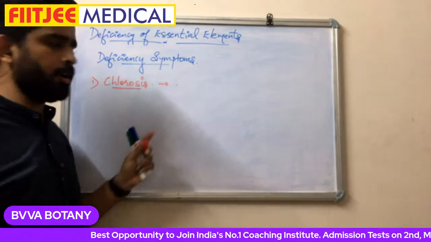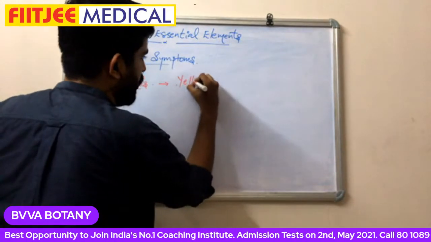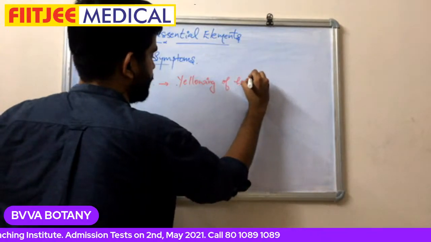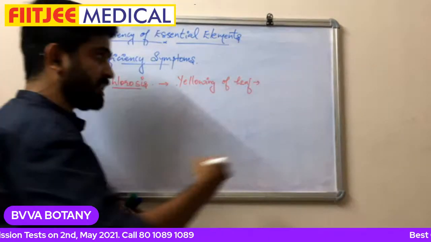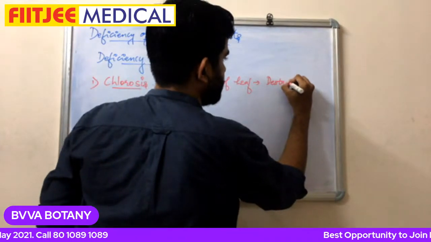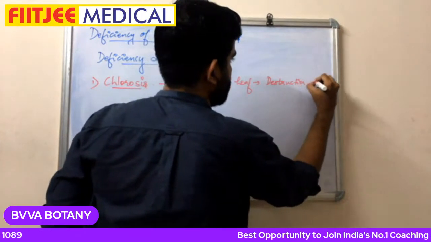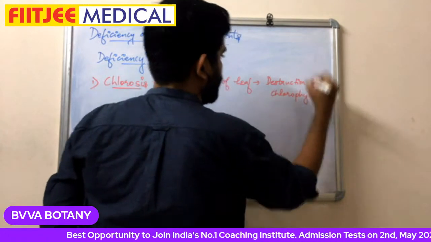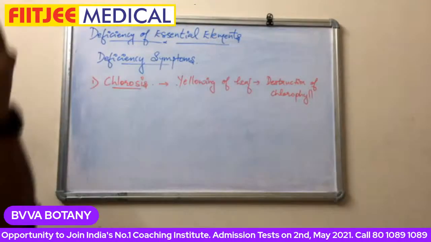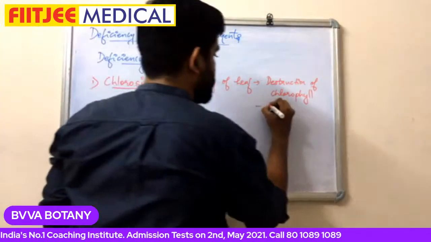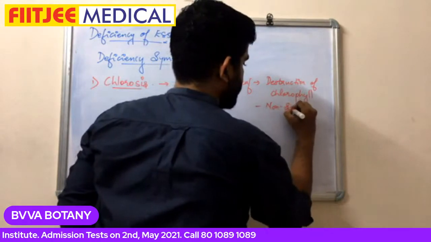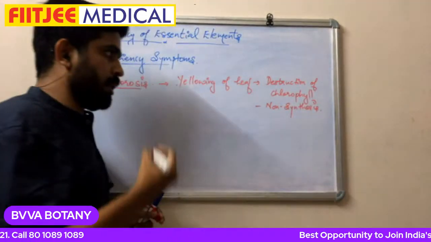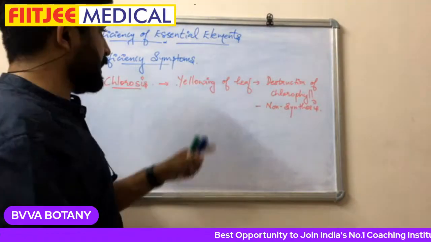Chlorosis is actually yellowing of the leaf, due to destruction of chlorophyll, or due to the non-synthesis of chlorophyll also. So the leaves can become yellow in color.